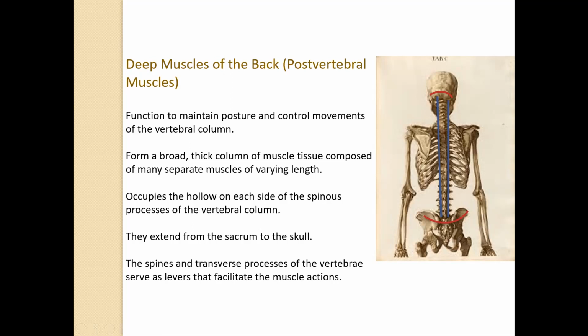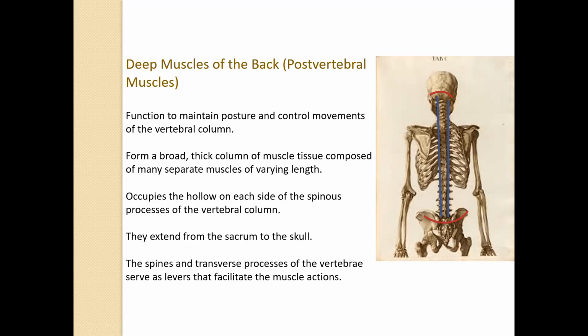These muscles of varying length make muscle groups. These muscle groups act to maintain the posture and control the movements of the vertebral column. And the spines and the transverse processes of the vertebrae serve as the levers which facilitate these muscles' actions.